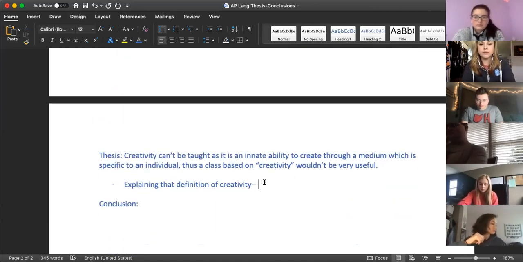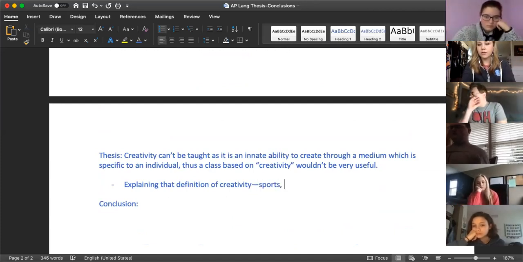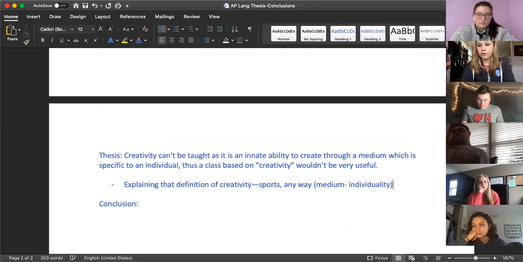So you need to explain some creativity, thinking about the AP readers. You might talk about the fact that in Abby's example, that includes sports. It includes really any way, and that's what the medium and the individuality would touch on, right?